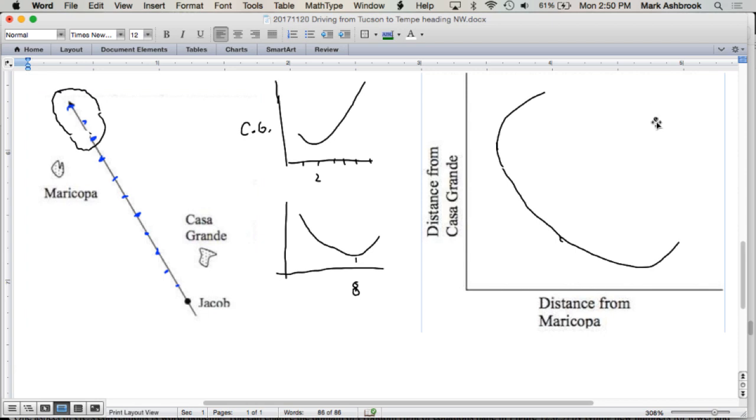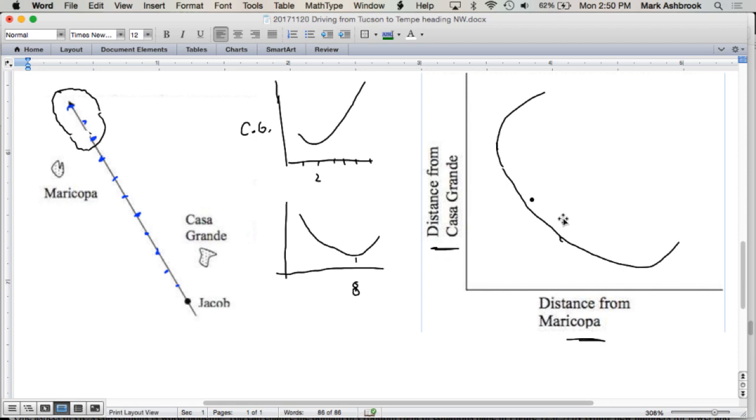So my question is, is this the graph of a function? No. Is it the graph of a function? It is absolutely the graph of a function. Yes, it is. Is distance from Casa Grande a function of distance from Maricopa? That's the question you thought I was asking.